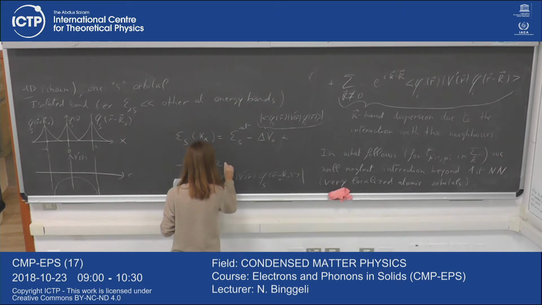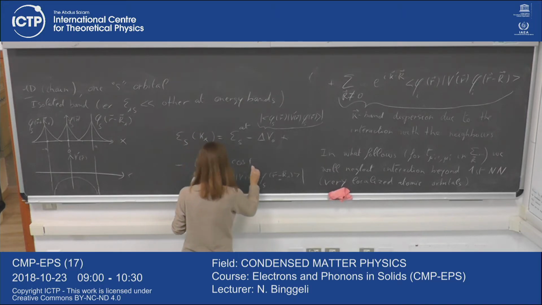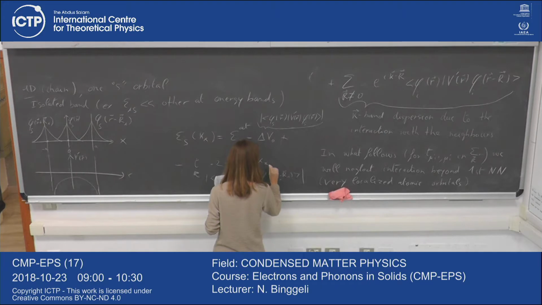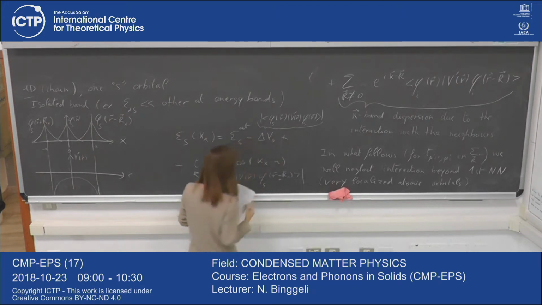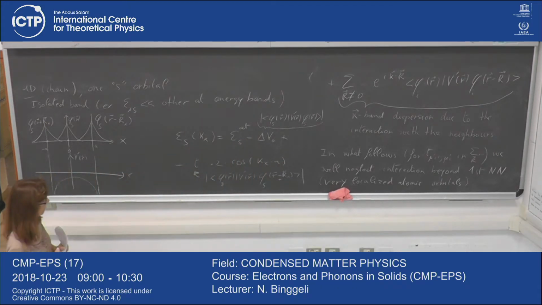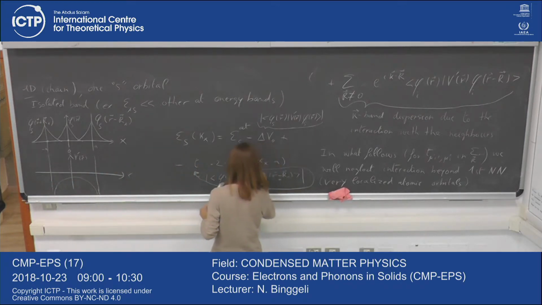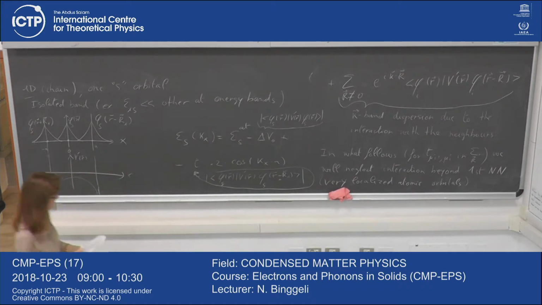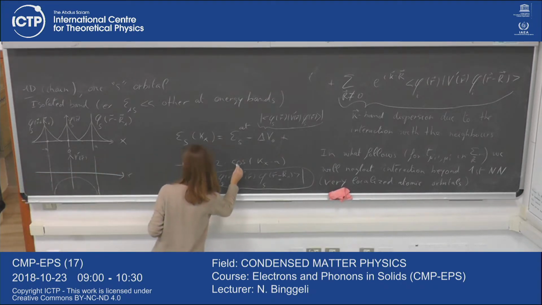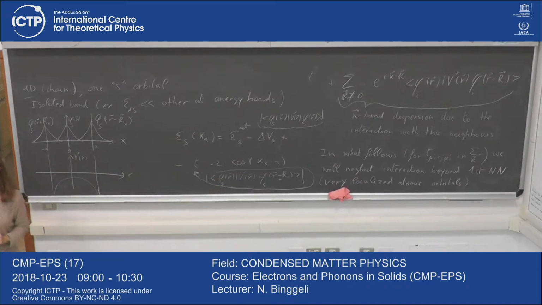So 2 times the cosine of kx times A. Okay? And this is just clear for everybody? Ask questions if it's not clear. All right?